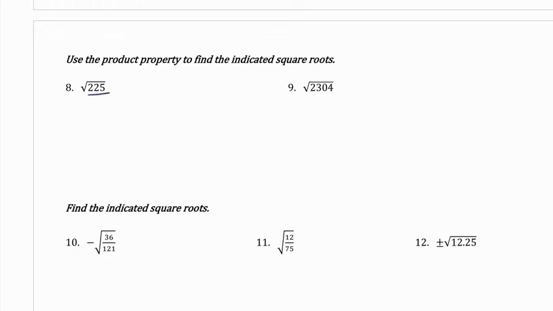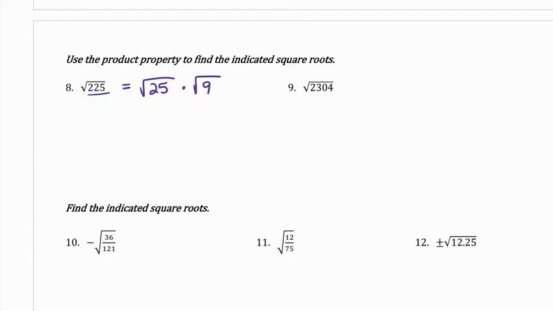So with 225, it ends in 25, so it's like $2.25, right? So this divides by 25. I could separate it up into quarters. So if I divide that by 25, I could rewrite the square root of 225 as the square root of 25 times the square root of 9, because 25 times 9 is 225.